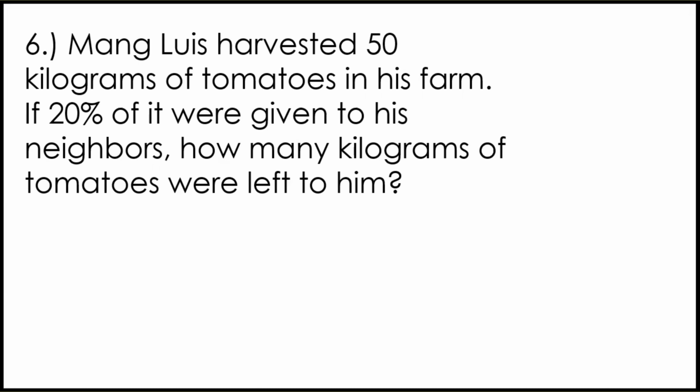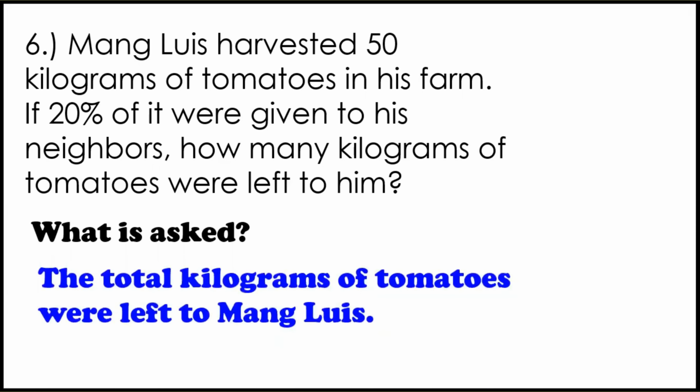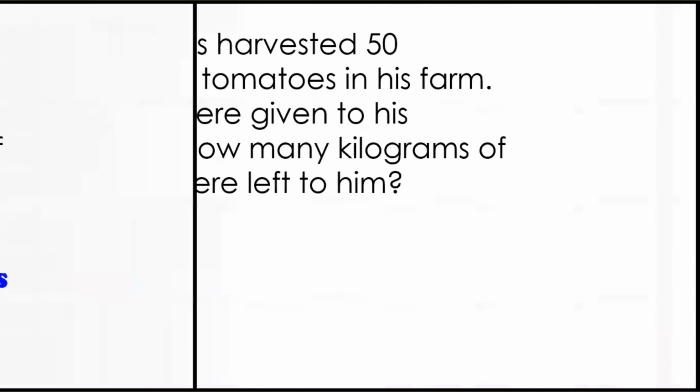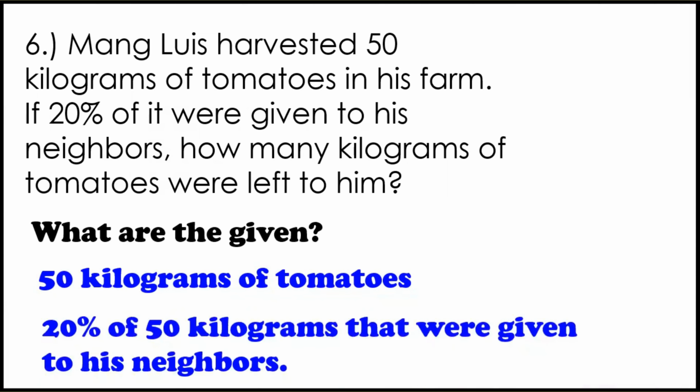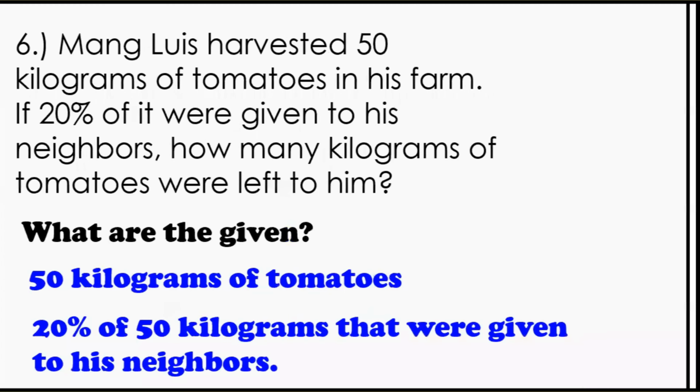So, how many kilograms of tomatoes were left to him? Ilan na lang yung matitira sa kanya? What is asked? Of course, the total kilograms of tomatoes left to Mang Luis. And what are the given? 50 kilograms of tomatoes, 20% of 50 kilograms that were given to his neighbors.